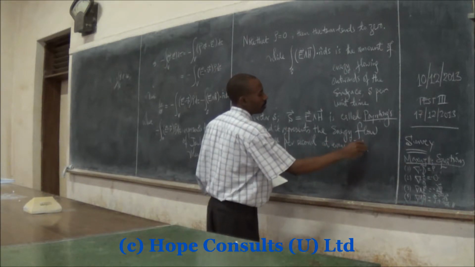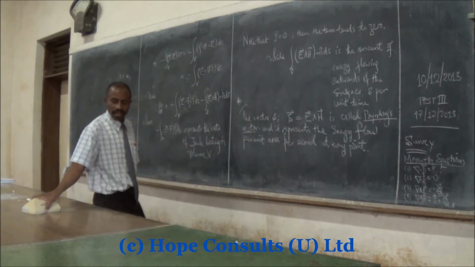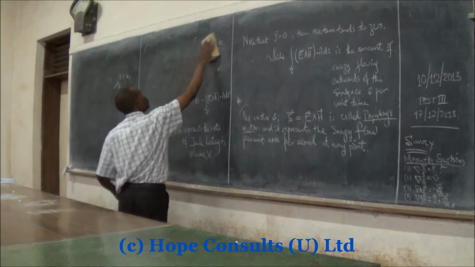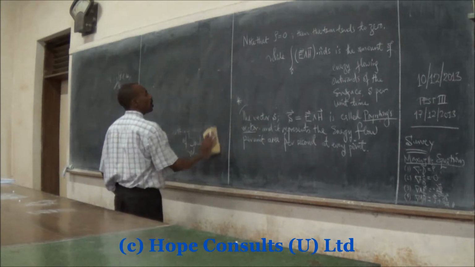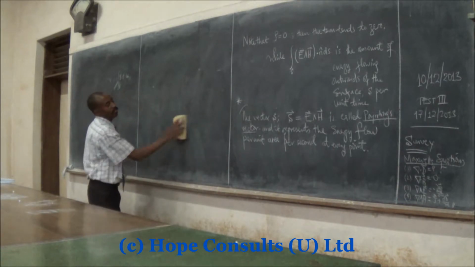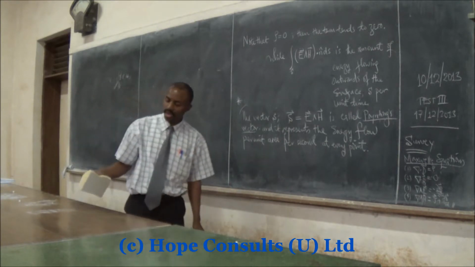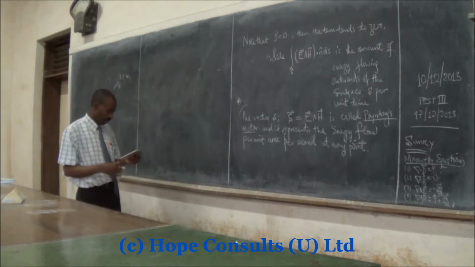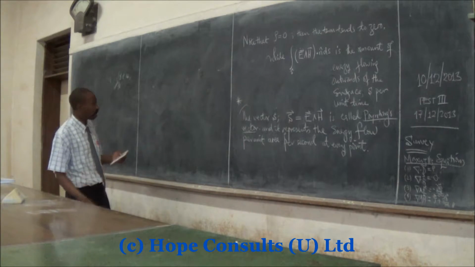So when I tell you to define the Poynting's vector, it is the energy flow per unit area per unit time, or per second. If you talk of time, you say per unit time. But if you say per second, that's enough at every point in a given medium as you are having transmission of electromagnetic field.